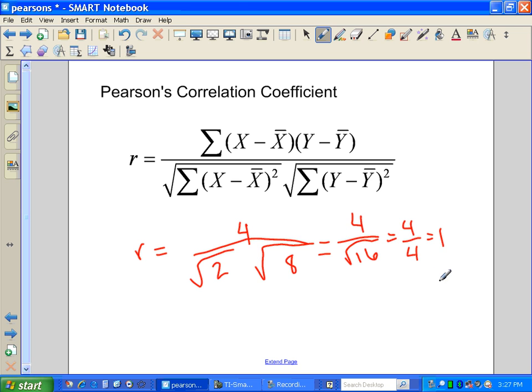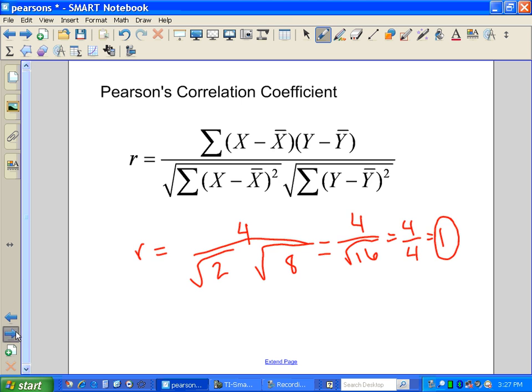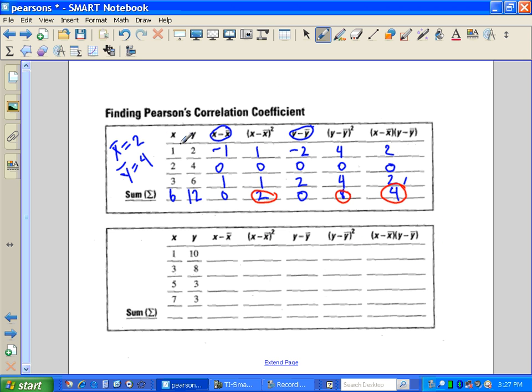Well, that's just 1. So the correlation coefficient for this data set, 1, 2, 2, 4, 3, 6, is actually a perfect correlation of 1.